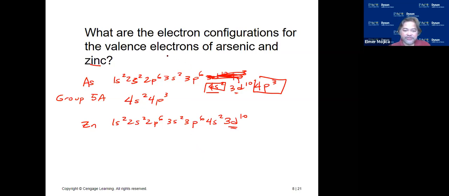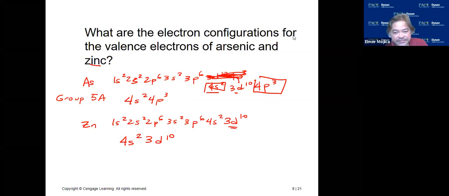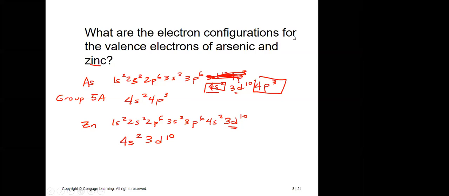So if you're going to look at the valence configuration, you have to include the 3d because that's where it is. So you're going to write it like this. You only include the 3d if it's in the d orbital, just like the zinc. Is that clear? Yes.